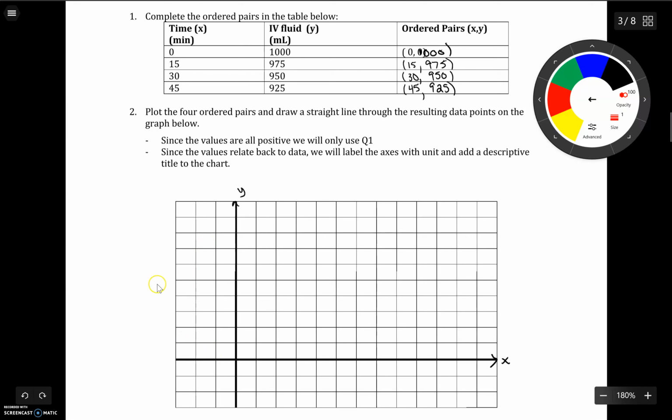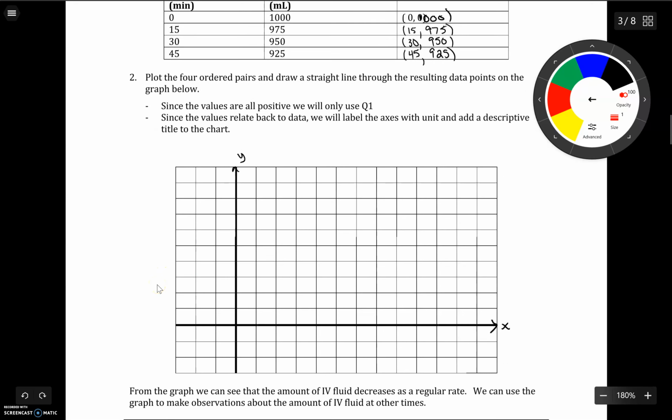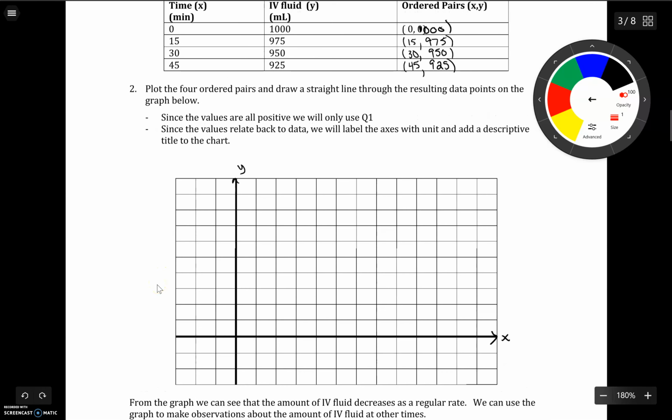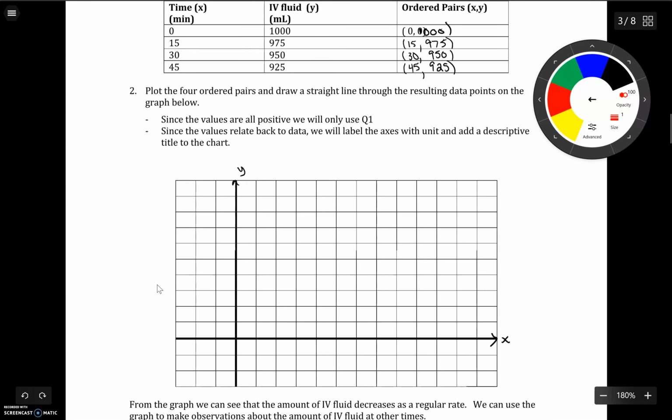One thing when we're doing an application question is that when we're labeling our axes, we're not just labeling with the variable, but also with what it represents underneath. So my x-axis is time, and the units it's measured in is minutes. I'm going to want to label that below the axis.